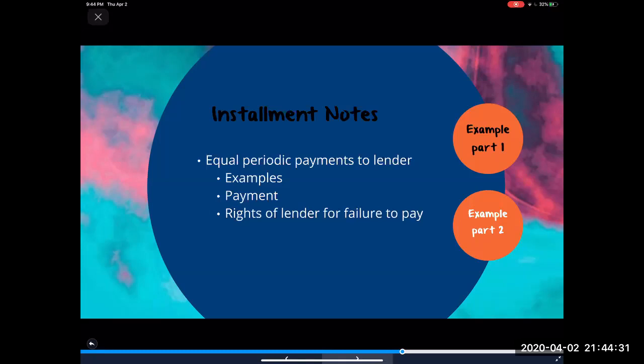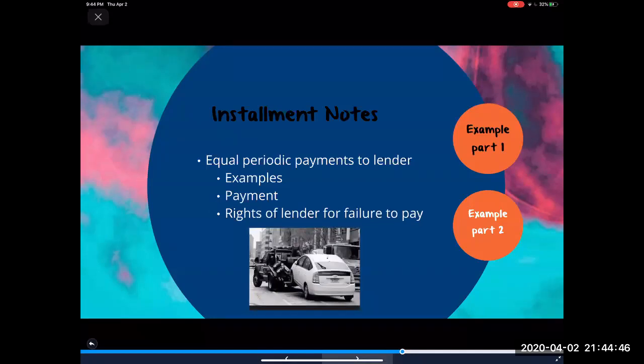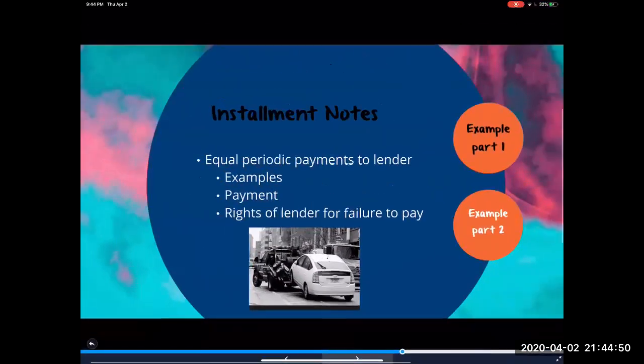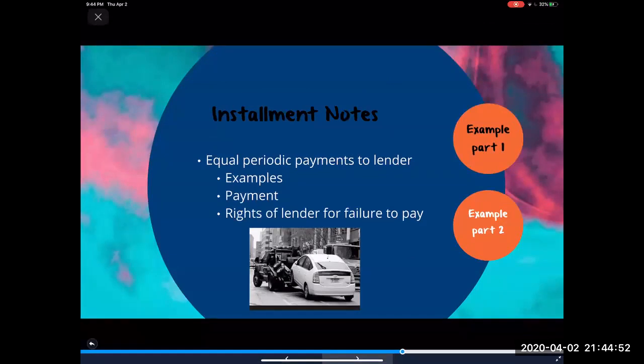If you decide to stop making your mortgage payment, your car payment, your furniture payment, or whatever other payment you can think of, this is what happens. Womp womp. They tow your car. If you stop making your payment, the lender has a right to take their asset back because it's not paid off.